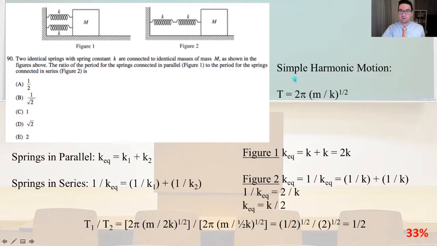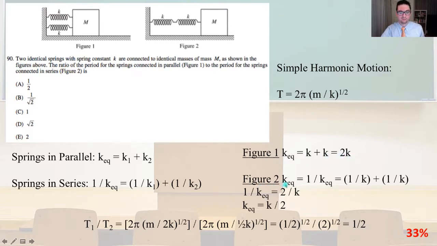Okay, so we know for simple harmonic motion, T, the period, equals 2 pi times the square root of M over k, where k is our spring constant and M is our mass. So for figure 1, k equivalent, the equivalent spring constant, is going to equal k plus k equals 2k.